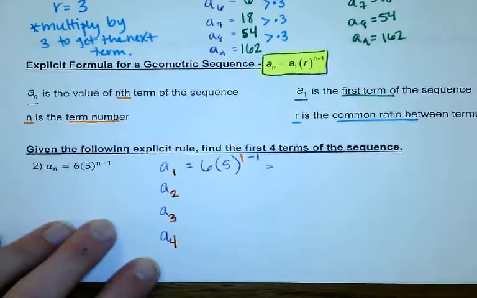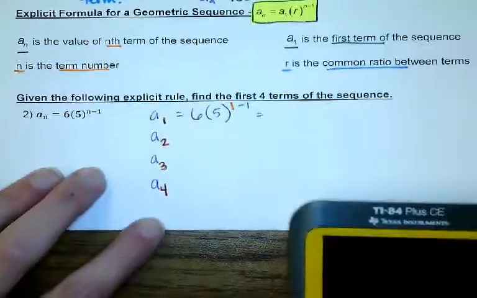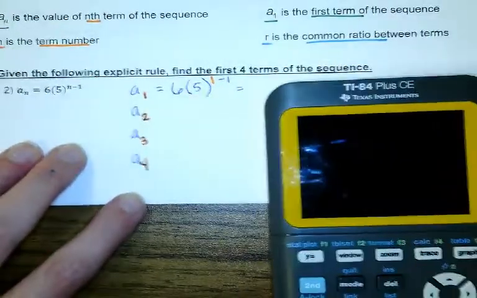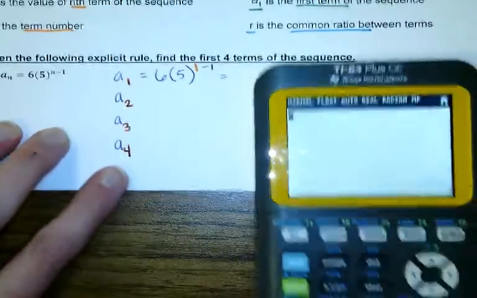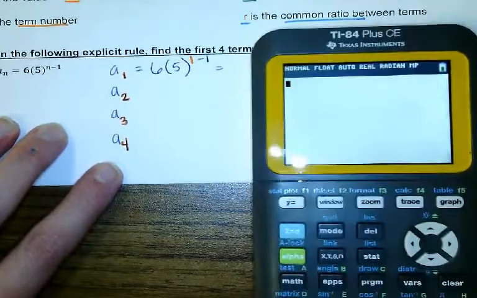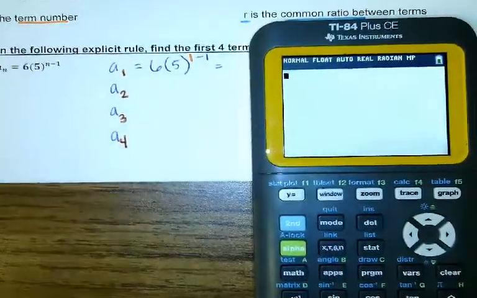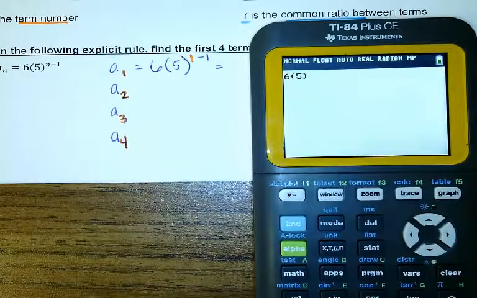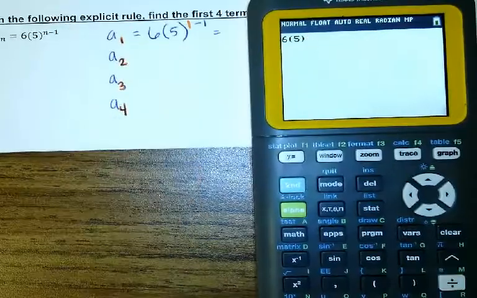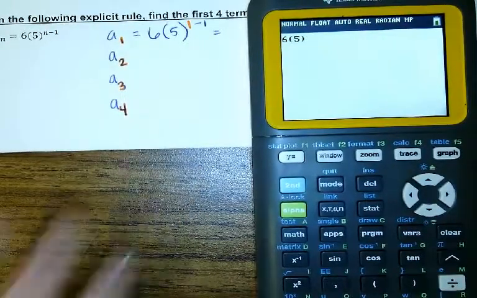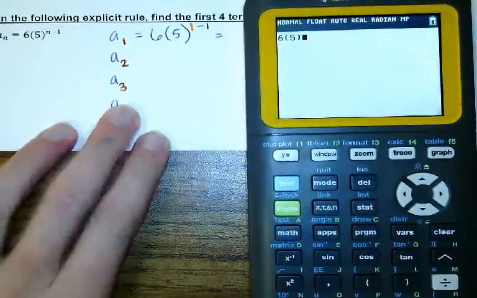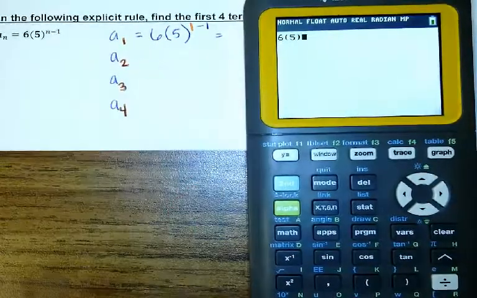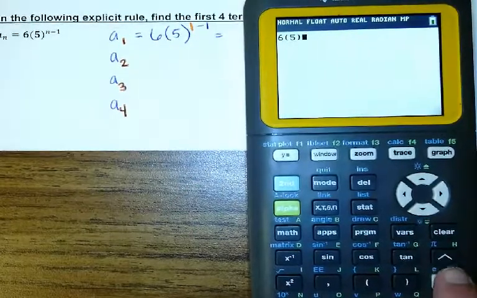Okay. And guys, how many of you have had practice typing exponents into your calculator? This is where it's going to come in really handy. So check this out. We're going to do 6 parentheses 5. I'm going to type it just like I see it. And then right here, do you see that little caret top? It pushes it up.